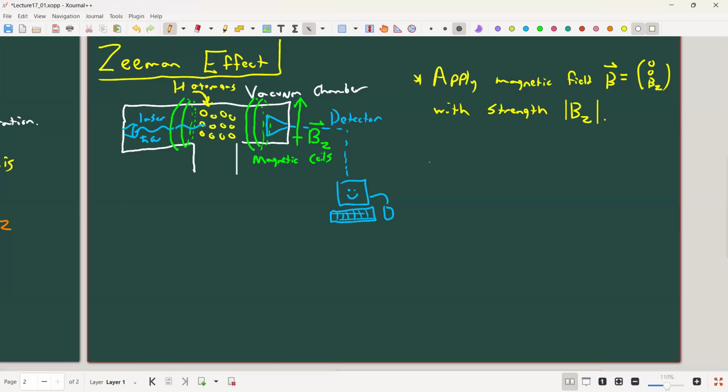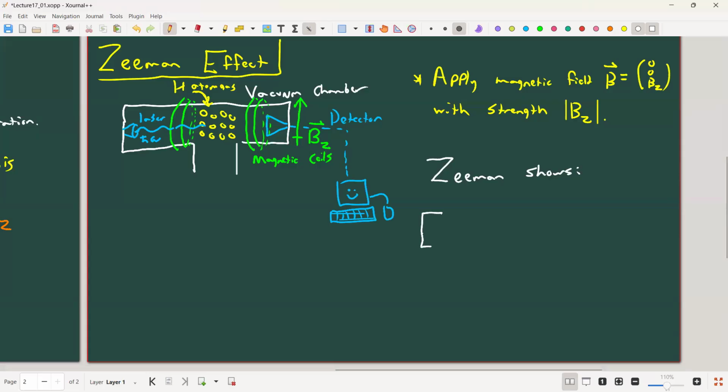Okay, what Zeeman shows is that when you apply a magnetic field, it shifts the energy levels of the angular momentum.